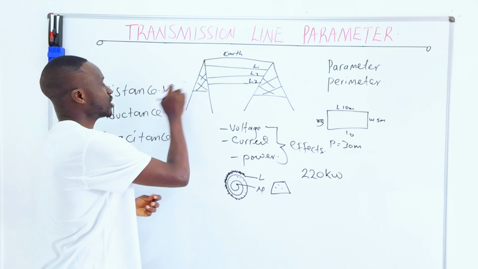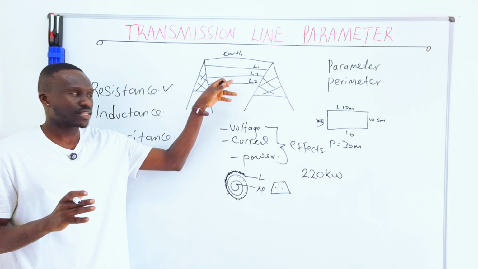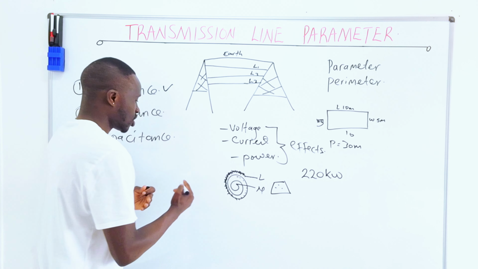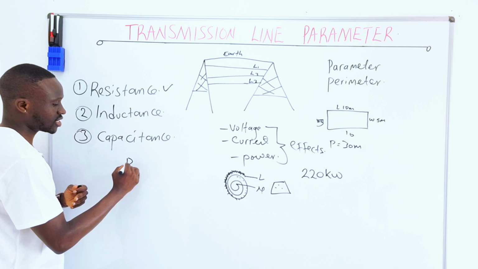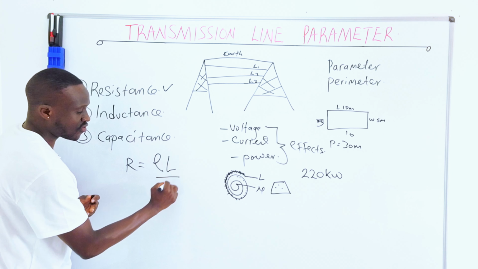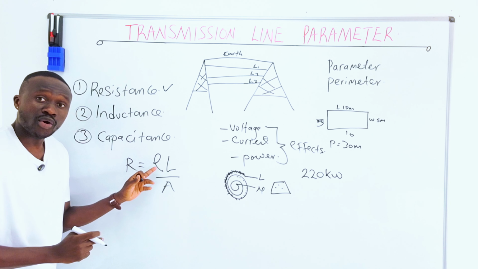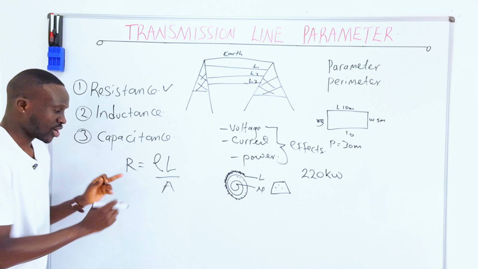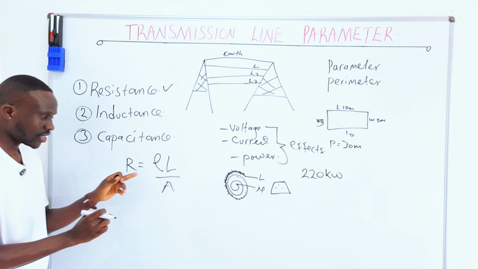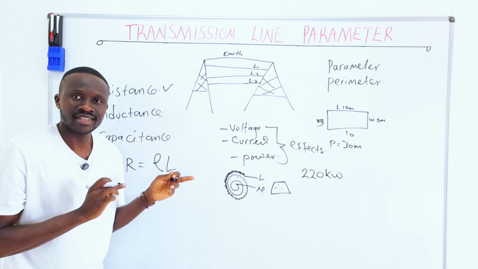When calculating resistance in a cable, how electrical conductors face that resistance, we use the formula of resistance, which is R equals rho L over A, that is, rho L divided by A. In this formula, rho is the resistivity of these conductors.